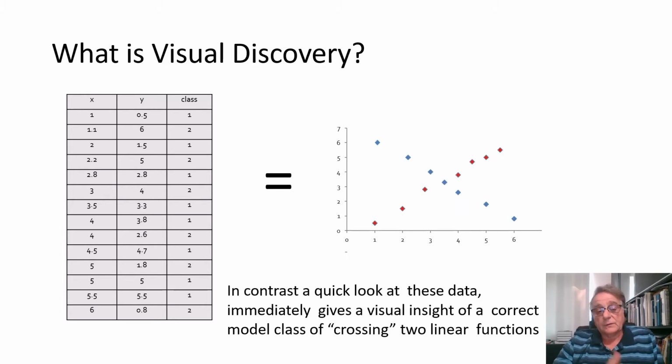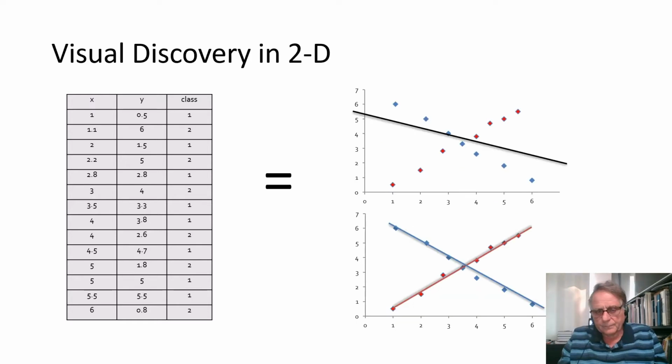In contrast, a quick look at this data visually represented immediately gives us a visual insight of the model class of crossing 2 linear functions. This visual insight immediately gives us the idea that any single linear function will not work, only pairs, which is shown below, and this is the advantage of the visual insight.